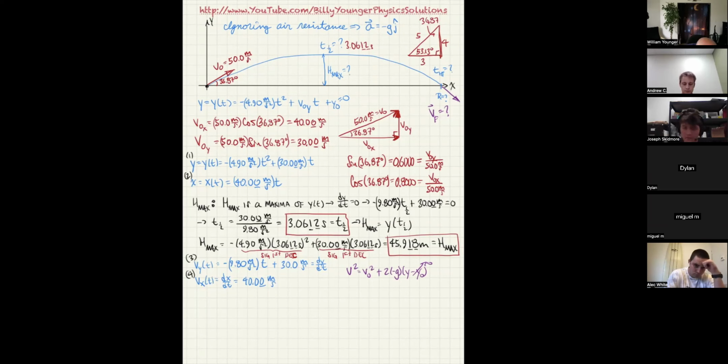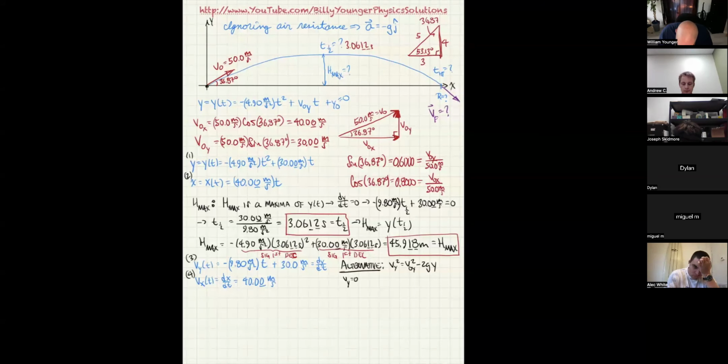Okay. So now that I have that, I'm going to do another way. Let's say right here, alternative. V squared y is equal to V0y squared minus 2gy is the version we just got. If we set Vy equal to 0, then y will equal H max.